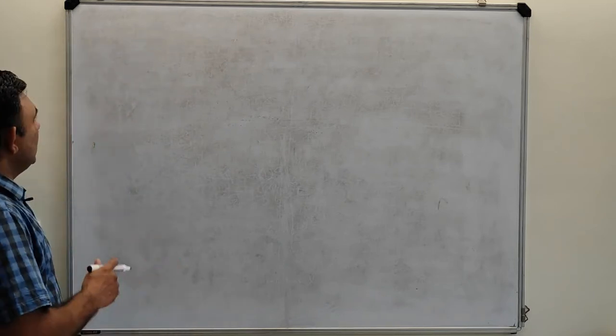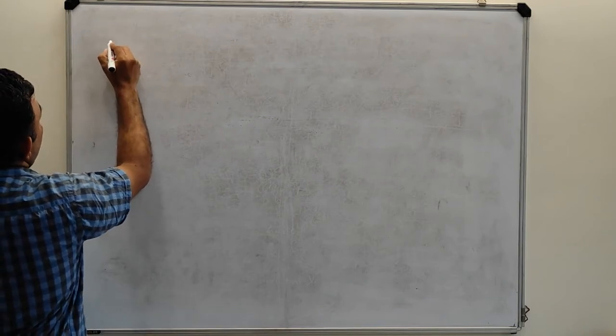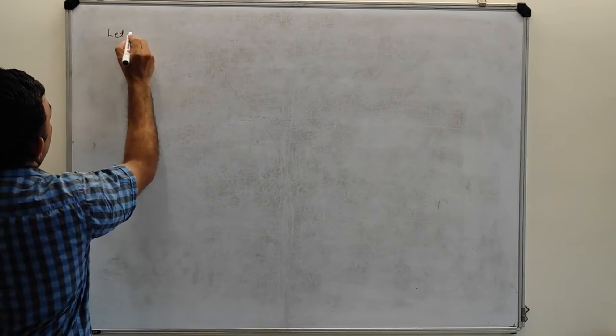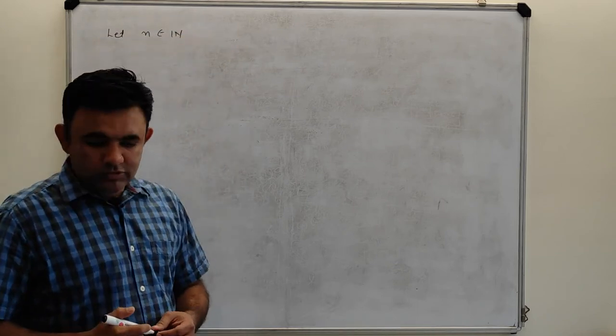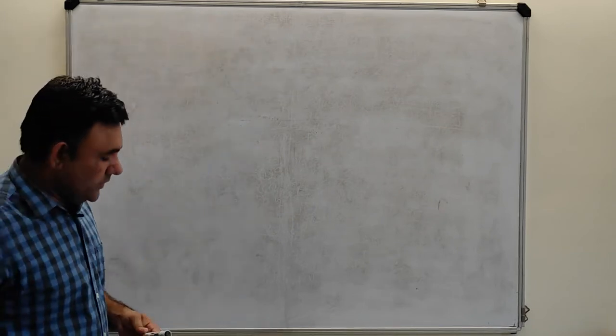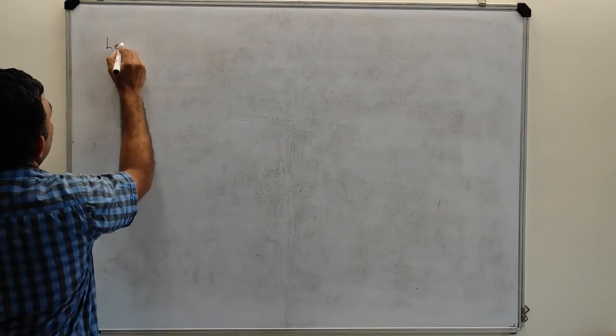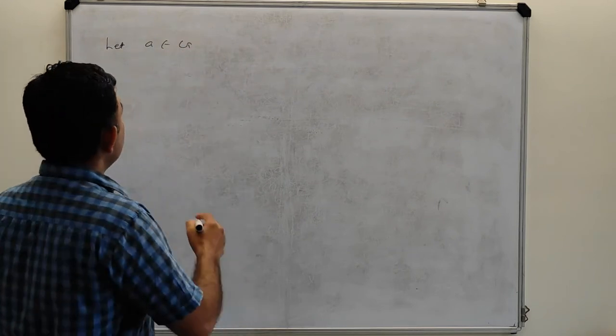So first of all we define some notations. Let n belong to N. Let a be an element of G, where G is a group.